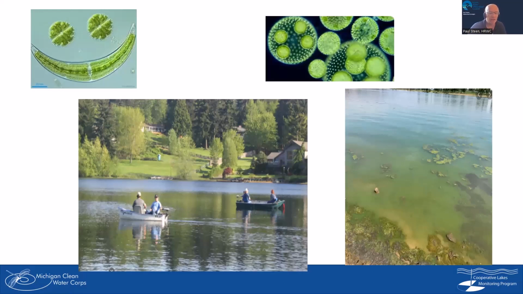And chlorophyll is a molecule that is used to convert sunlight into usable sugars for the plant and algae included in that, to be able to live, and those sugars then provide the base of the food web for the entire lake.